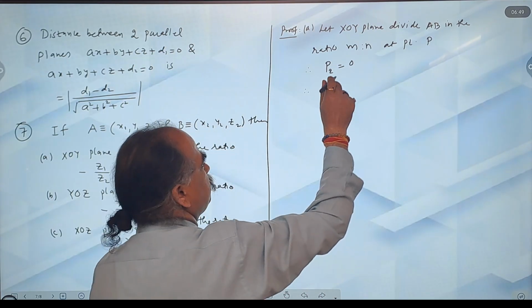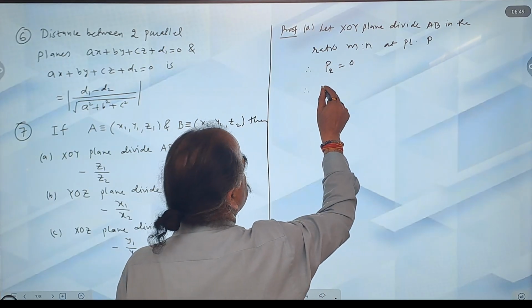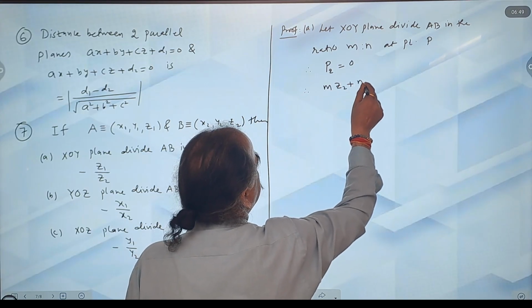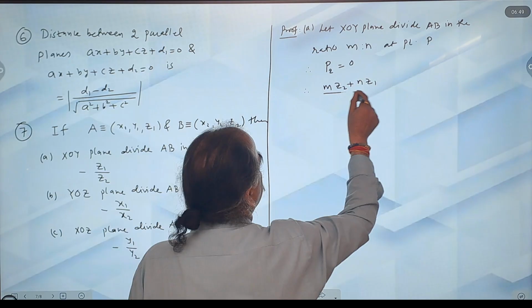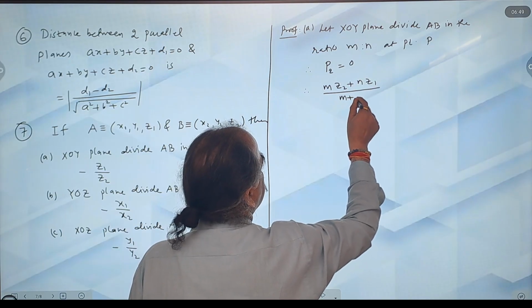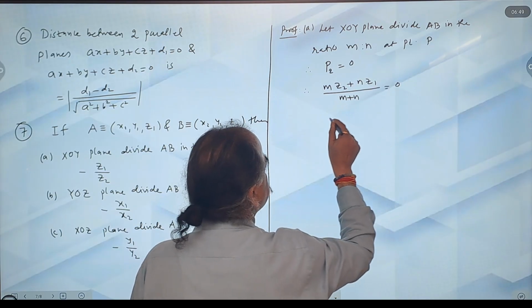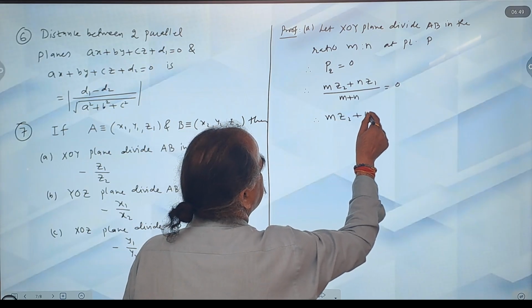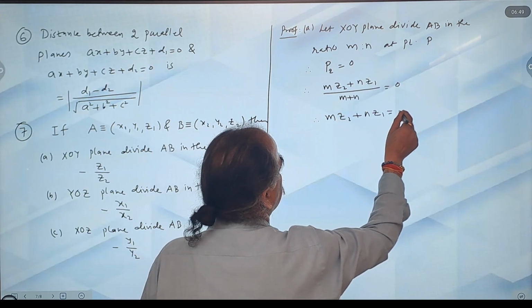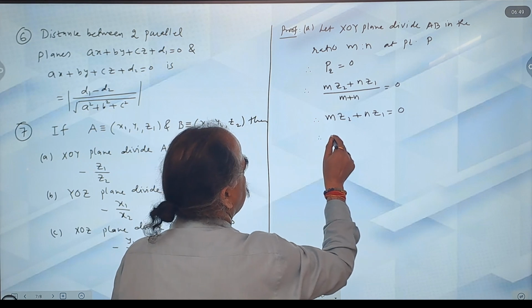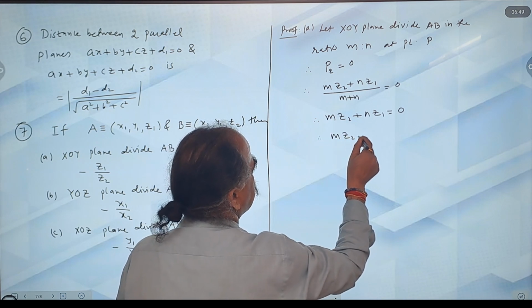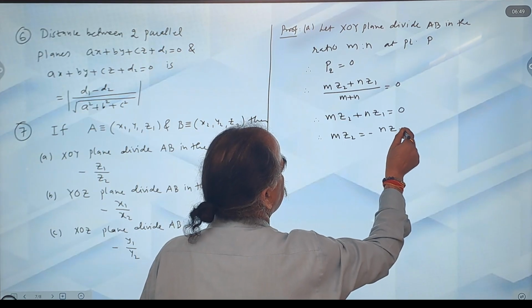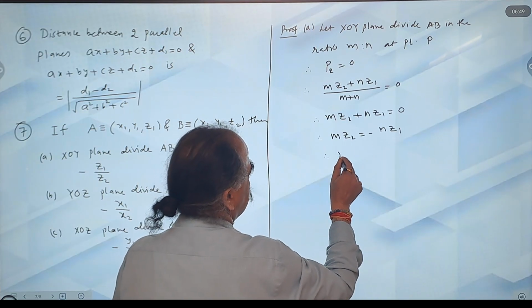But z coordinate of P will be mz2 plus nz1 upon m plus n. So mz2 plus nz1 is 0, mz2 is equal to minus nz1.